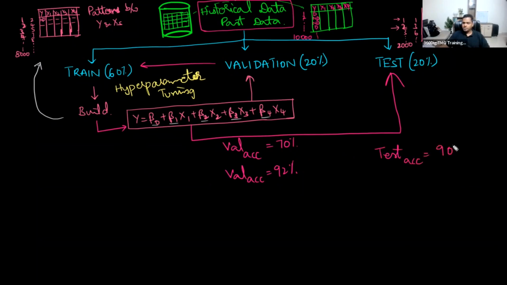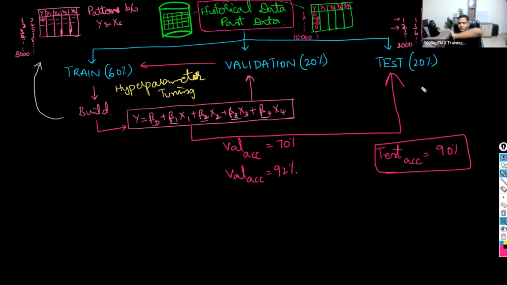If you get, say, 90%, then that's the final. This should be like the final data set which your model is seeing for the first time. And this is what you communicate to your end customer: that, dear customer, this is the accuracy that I've achieved. Okay, this is how it works.